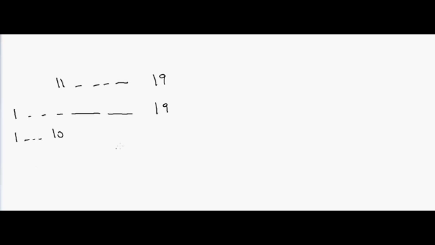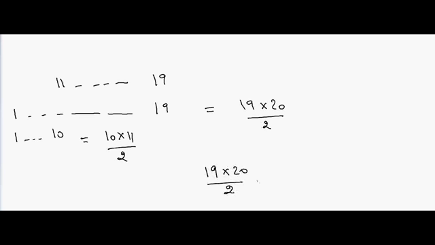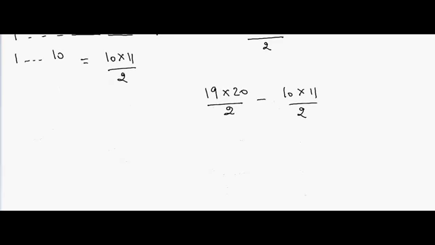So 1 to 19 will be equal to 19 into 20 divided by 2, and 1 to 10 will be equal to 10 into 11 divided by 2. If I subtract both, that will be equal to 19 into 20 divided by 2 minus 10 into 11 divided by 2. That's how I can do the addition in a sequence which does not start from 1.